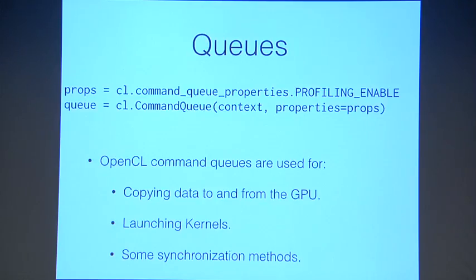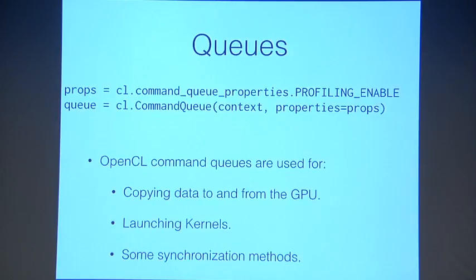All right. So after you have the context, then you set up a queue. You can set some properties. I just broke it up this way to make it readable. We've been using profiling enable, which has some overhead costs, but allows you then to figure out when your kernels ran and how long they took. You set up a queue, which is just where you're going to communicate things to the GPU, basically.